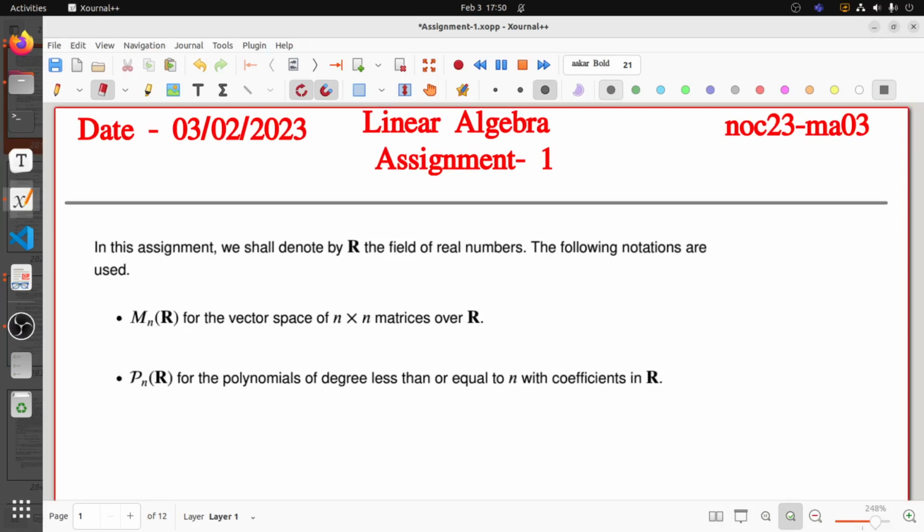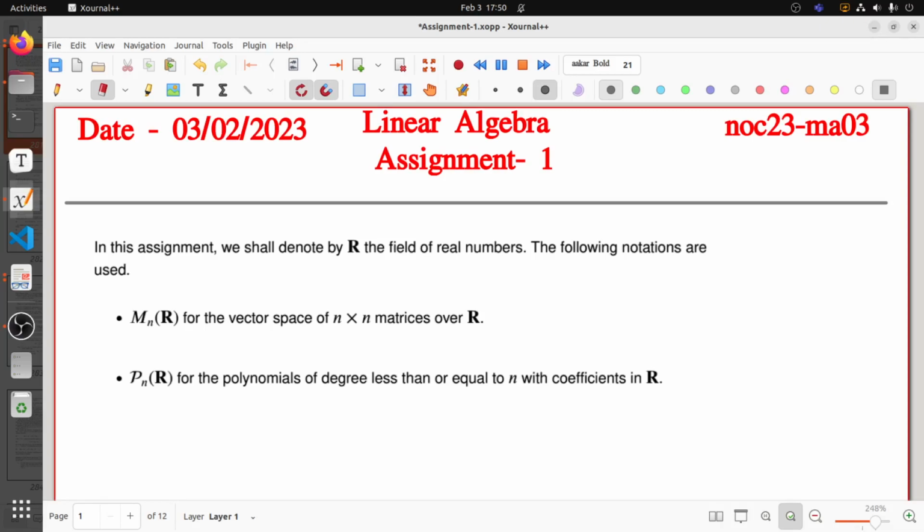It means there exist u1, u2, ..., uk from A and a1, a2, ..., ak from R, such that b can be written as a1 u1 plus ... plus ak uk, right?